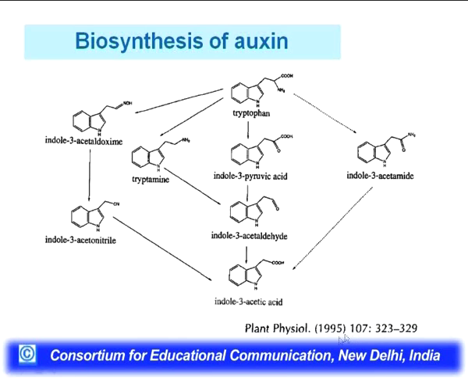You can see these pathways; there is a paper in 1995 in Plant Physiology which has elaborated quite a few pathways. It is tryptophan going to indole 3 acetamide and then indole 3 acetic acid, and also it can be formed by indole 3 pyruvic acid. So, this work was published in 1995, which elucidated several pathways. Now, today there are many genes and mutants identified which affect this biosynthesis pathway.